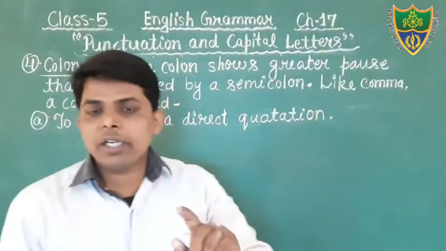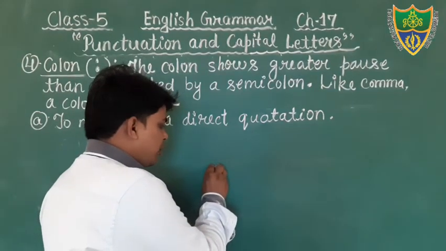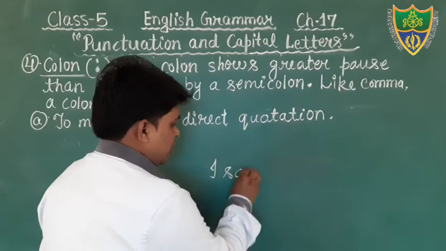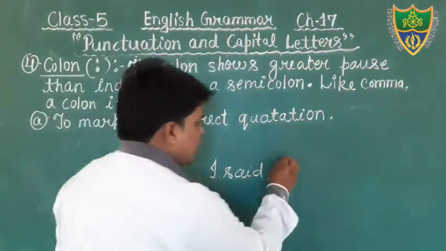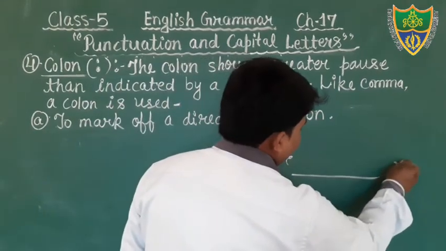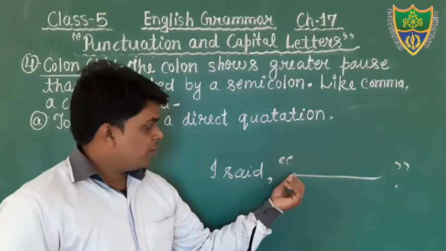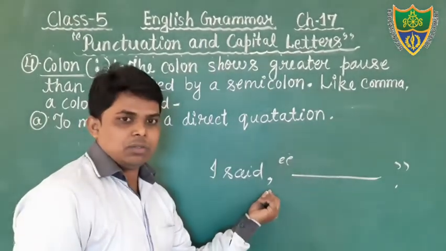Dear students, in narration we generally find that when a quoted word is there, just see, I said, then we generally put a comma. If we are saying something in quotation, suppose I said, honesty is the best policy, before starting the quotation we put the comma.